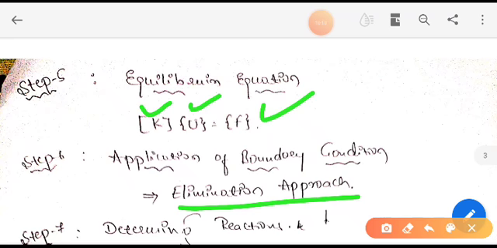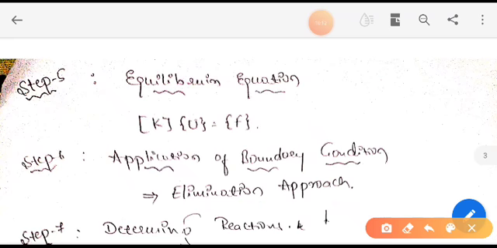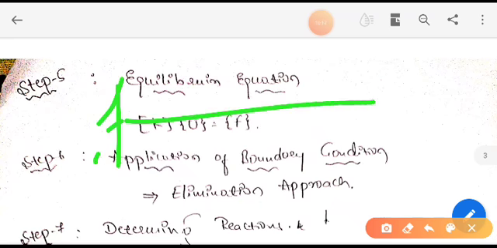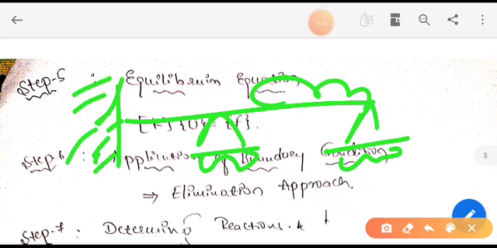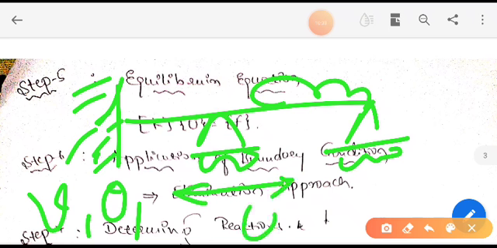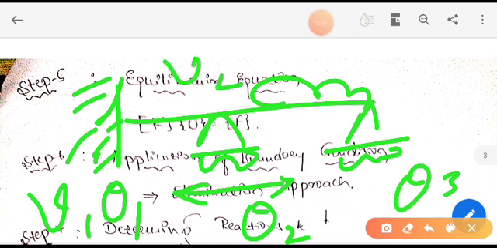Wherever the nodes are fixed, for example, for the given problem, here we have a roller support, here we have a roller support, and it is fixed over here. So here v1 is fixed, theta 1 is fixed. Here we have deflection in the theta 2 direction, and here in the theta 3 direction, whereas v2 is fixed, v3 is fixed.